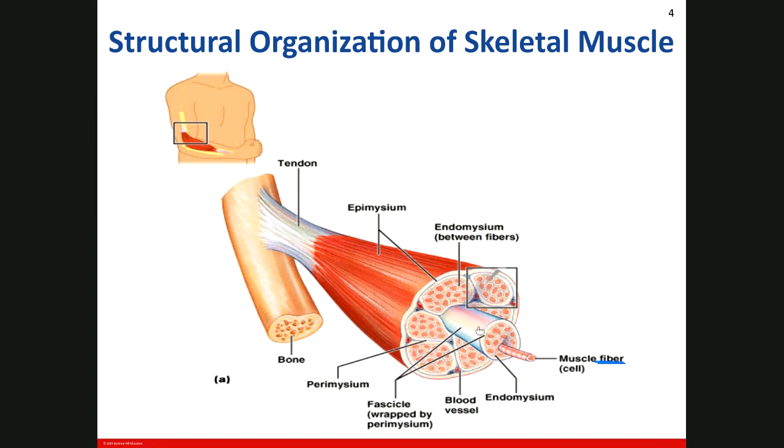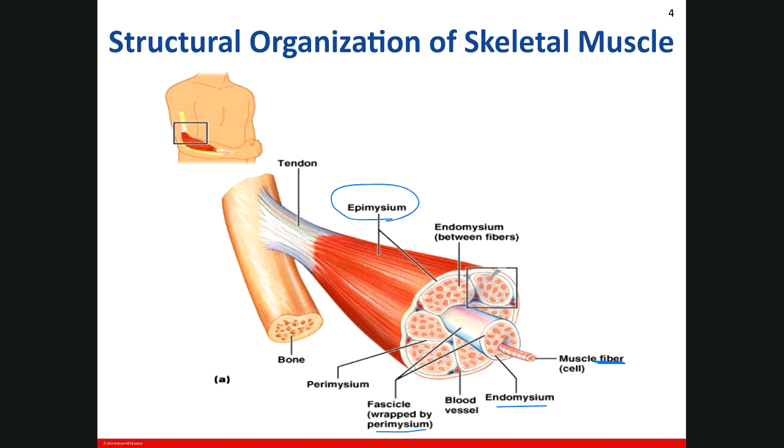A group of muscle fascicles are covered by epimysium from outside, and the epimysium is thicker and denser than perimysium. So from inside to outside, first we have endomysium, then perimysium, and the last layer is called epimysium. When we go from inside to outside, our connective tissue becomes more and more dense.